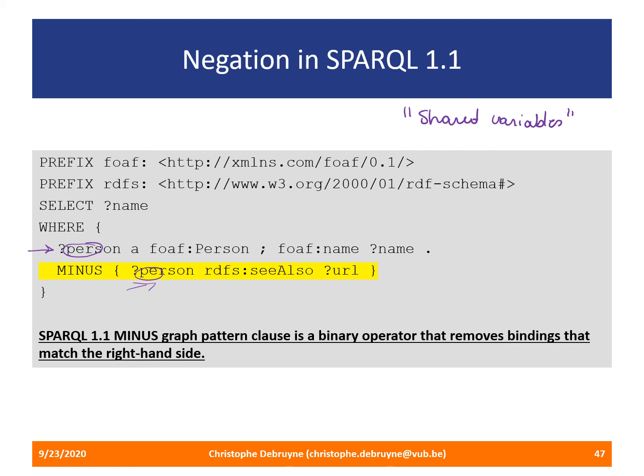So in this example, these two triple patterns will provide us all the solutions of people and their names, but then it will look for people and their seeAlso URIs, and then remove all these people based on shared bindings between these two variables.